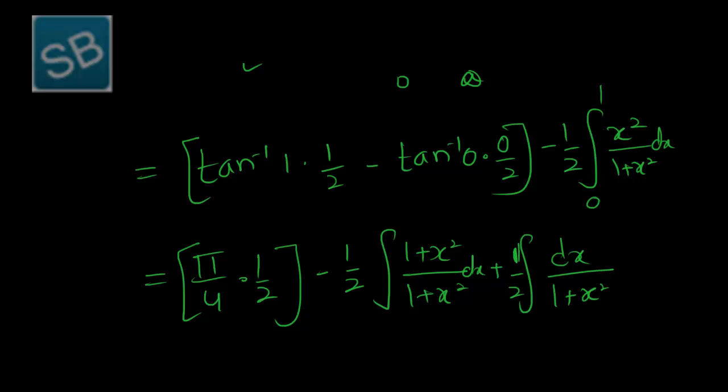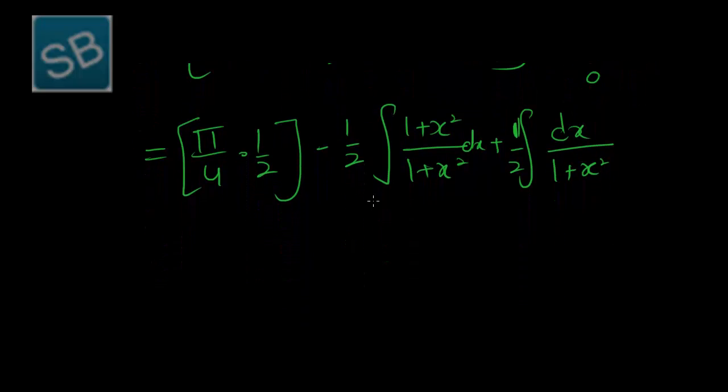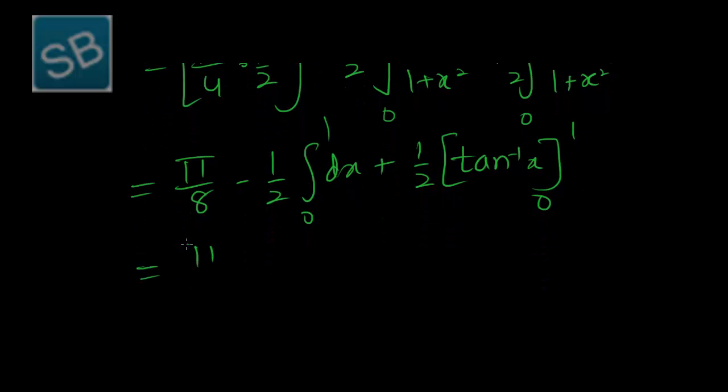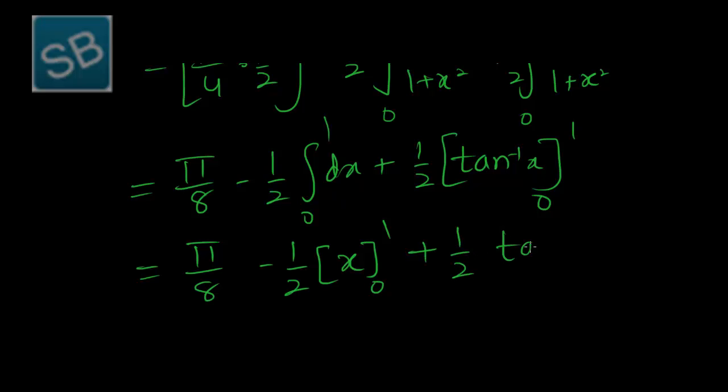So we get this on adding and subtracting 1, and limit is ranging from 0 to 1 in both the integrals. So we get pi over 8 minus half integral 0 to 1 dx plus half, that is the formula of tan inverse x, ranging from 0 to 1. So we get pi over 8 minus half x, ranging from 0 to 1, plus half tan inverse 1 minus tan inverse 0.